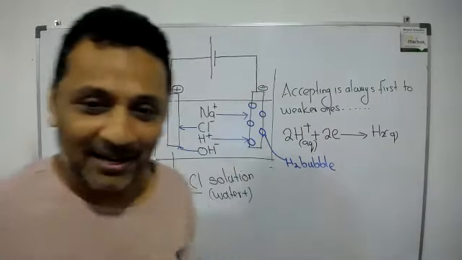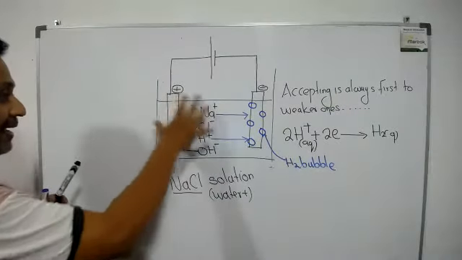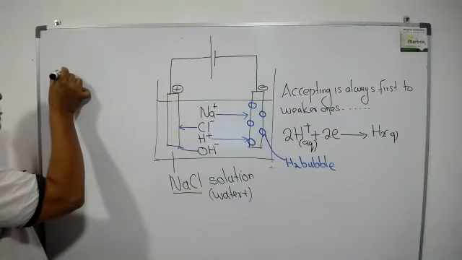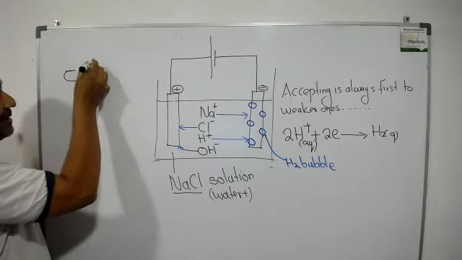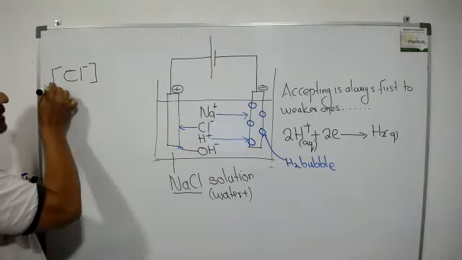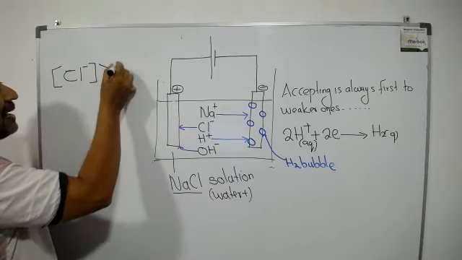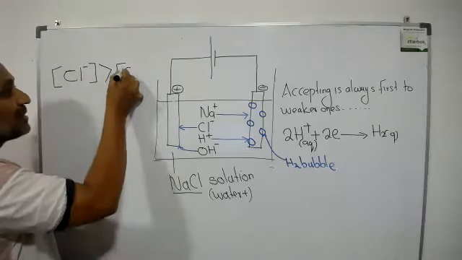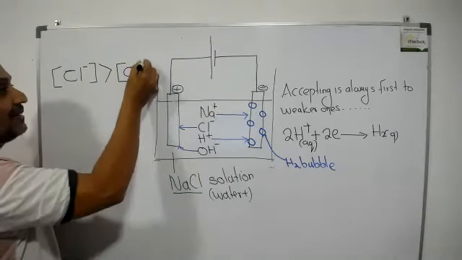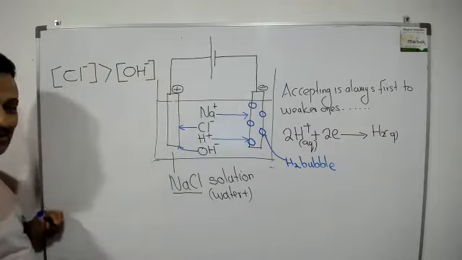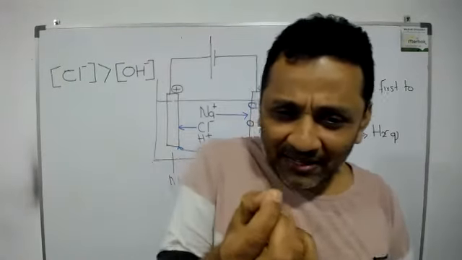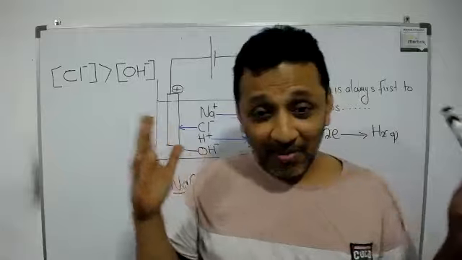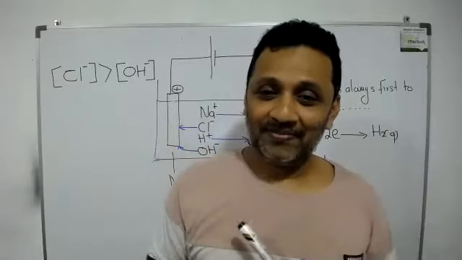So very simple idea. Similarly, in this medium, Cl minus concentration is greater than OH minus concentration. OH minus will be very, very little. Cl minus will be a lot.